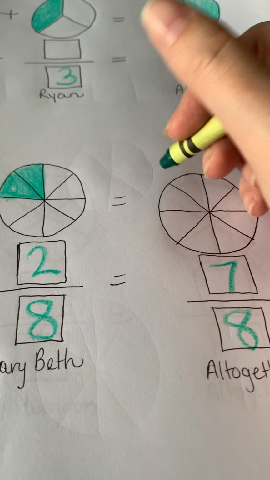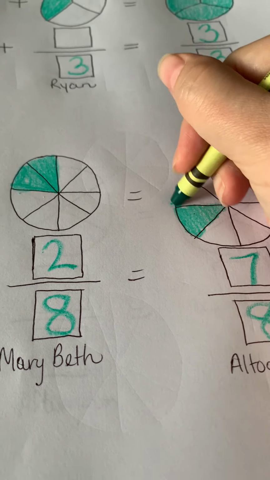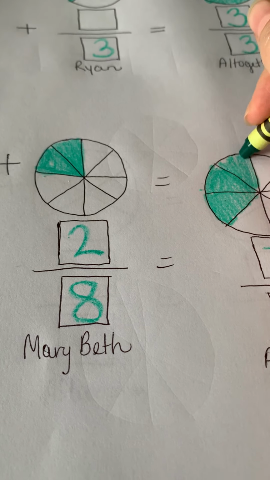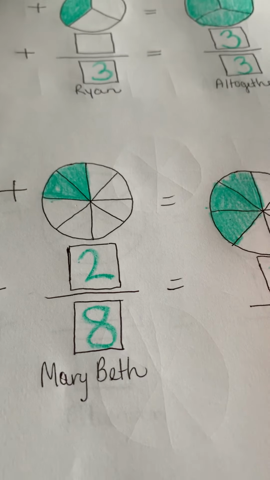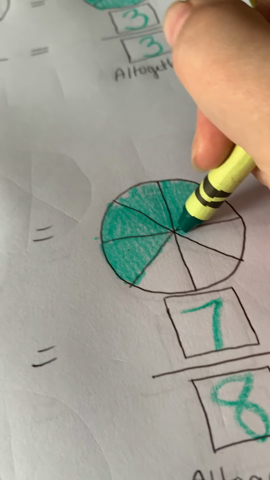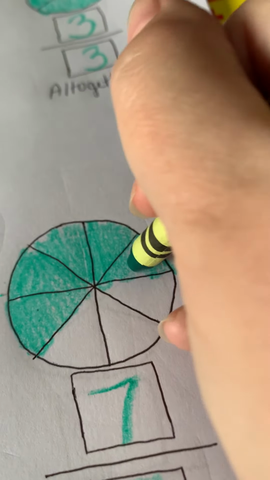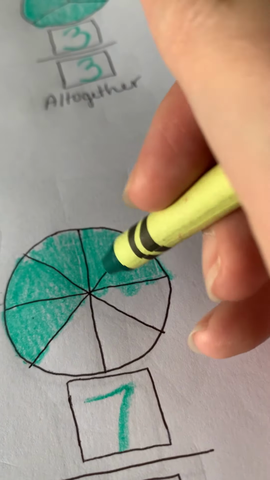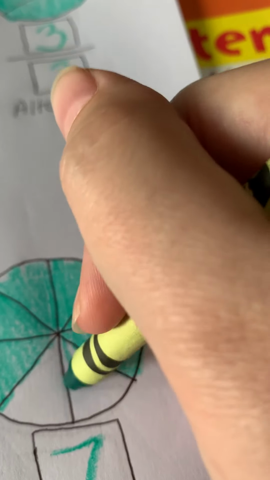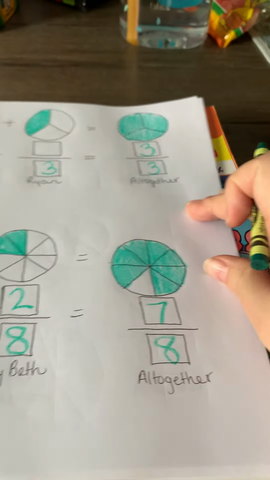So we're going to color in 7. 1, 2, 3, 4, 5, paper keeps moving on me. 5, 6, 7.